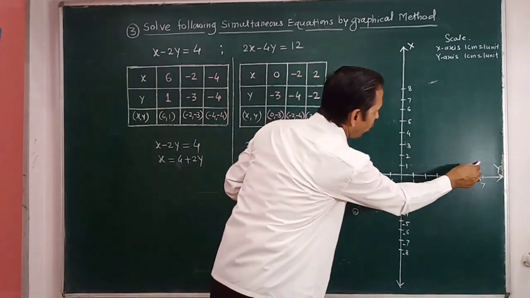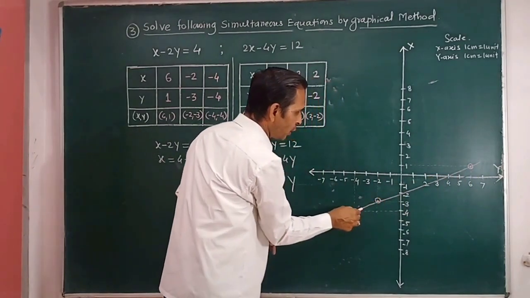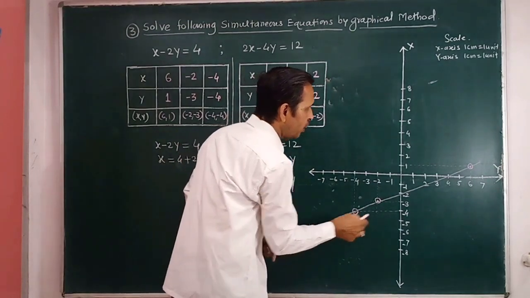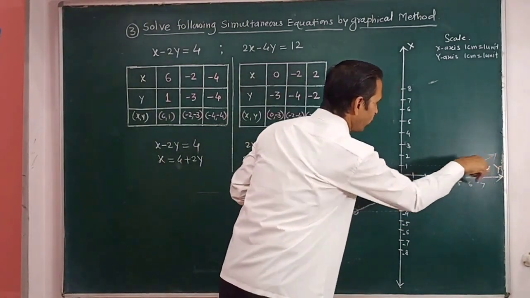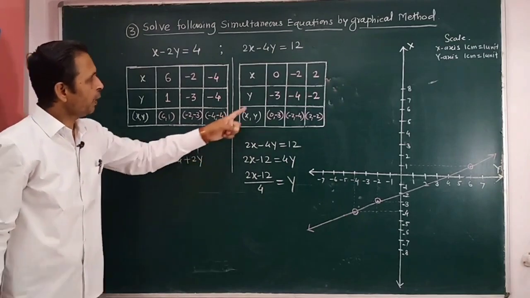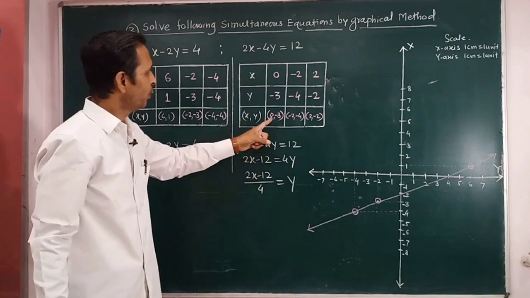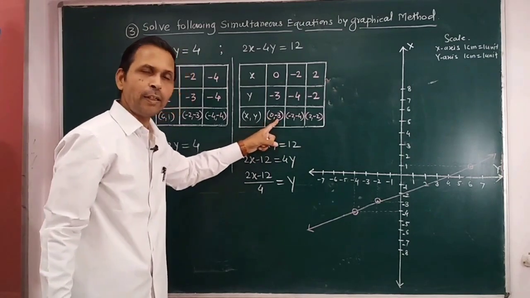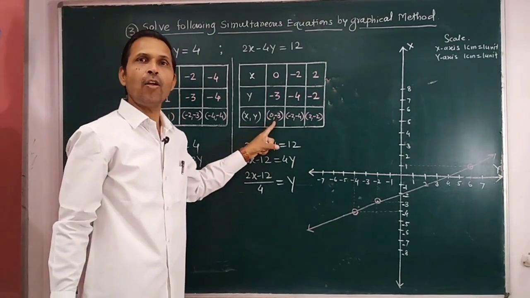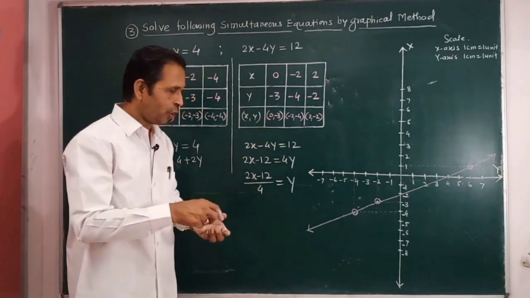Now if you draw the line passing through all these three points, this is one of the lines. Again, plot the coordinates of the other line. (0, -3): this point lies on the y-axis because the x coordinate is 0.